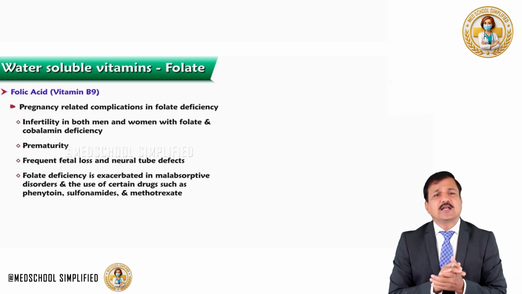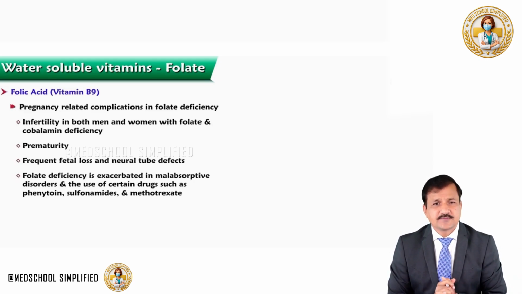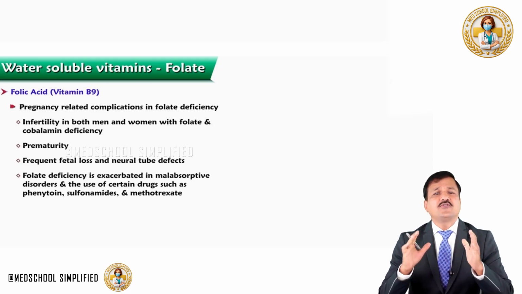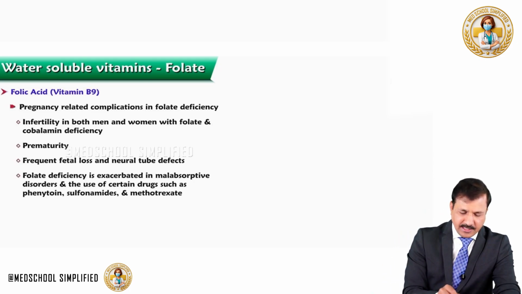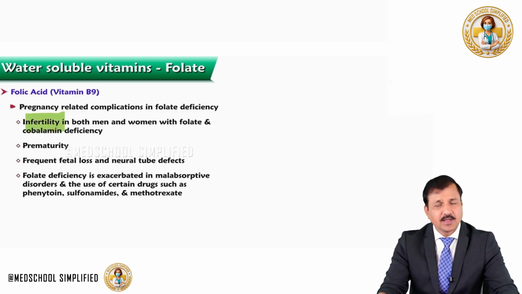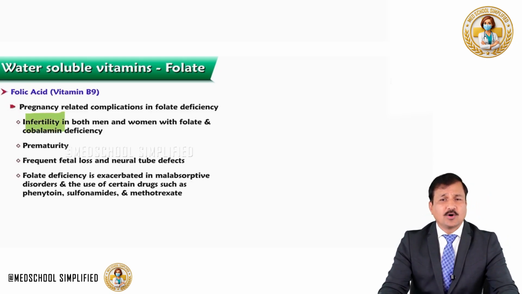Now, among the pregnancy related complications in folic acid deficiency, one of the things is infertility. Infertility is common both in males and females in folic acid deficiency, and also it can be seen in cobalamin deficiency. So, the infertility in men and women can be because of folate and cobalamin deficiency.